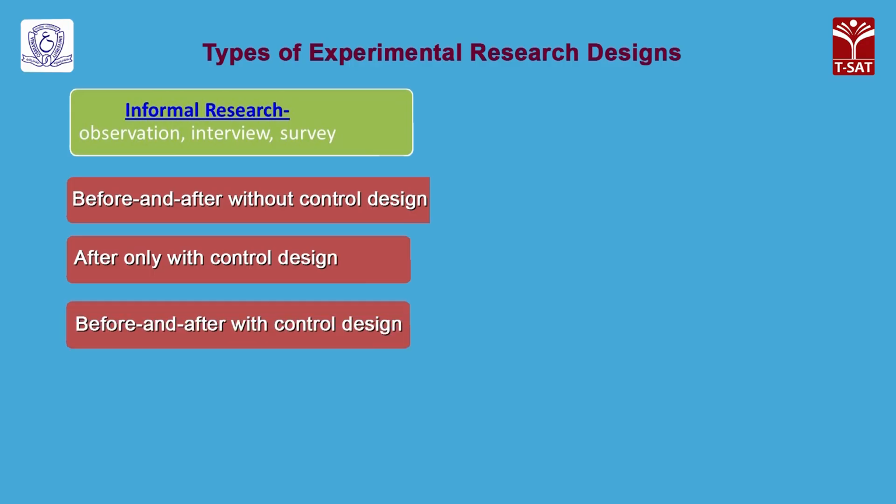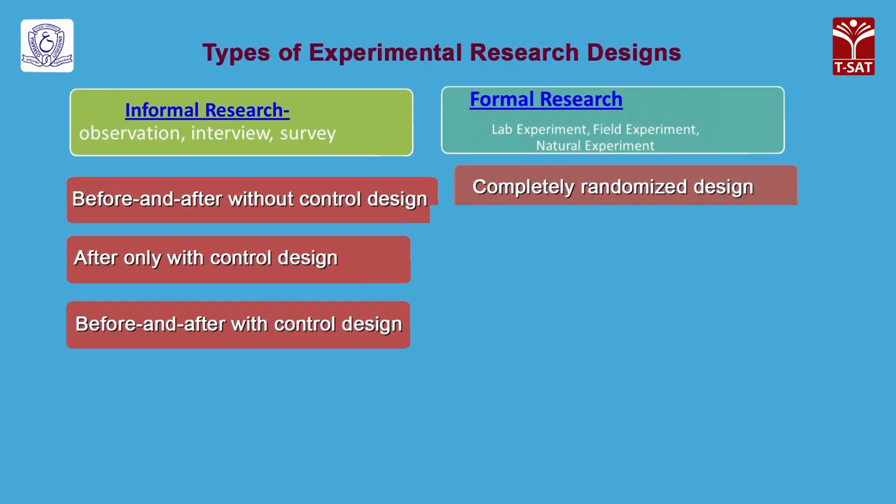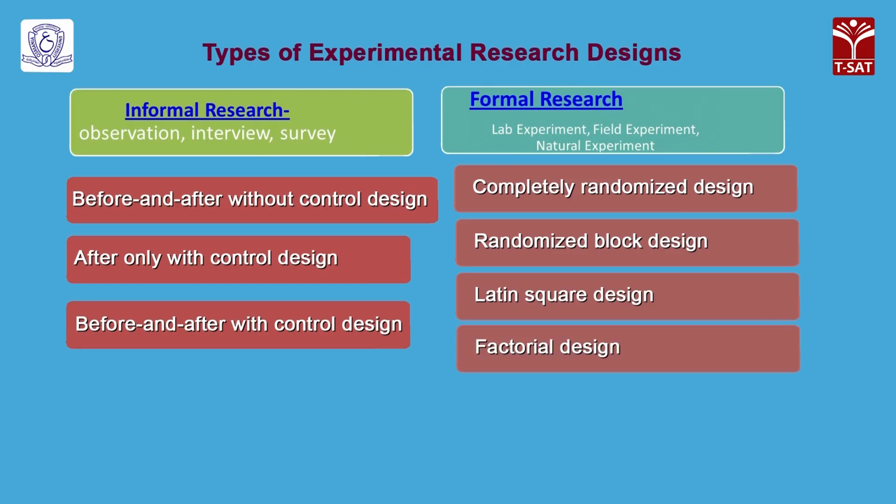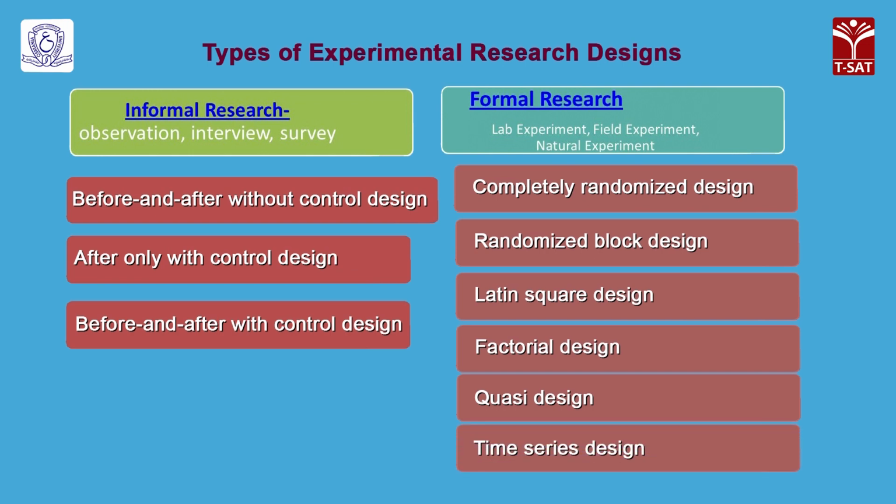Third, before and after with control design. Formal experimental design consists of completely randomized design, randomized block design, Latin square design, factorial design, quasi design, and time series design.